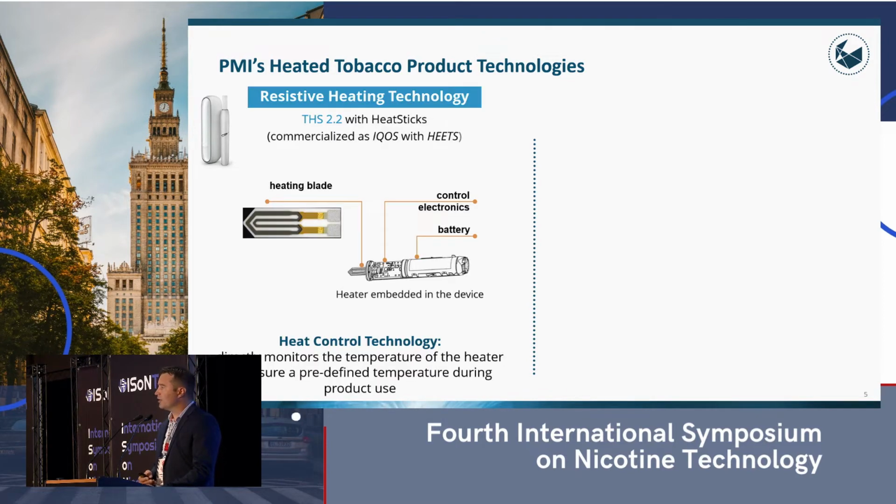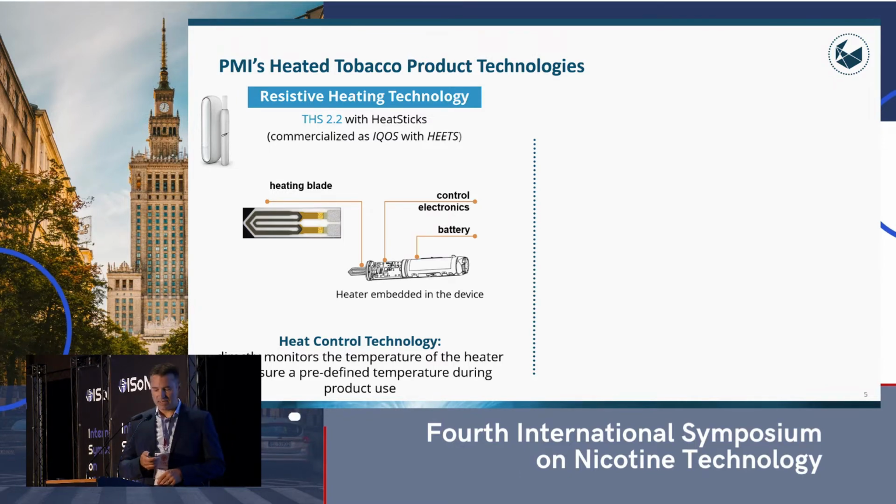The first technology is the one that is in the commercial version of IQOS, which is based on resistive heating. So basically how it works is that you have a heater, you can actually see outside in the PMI Science booth after, the device that heats a tobacco stick. You insert a tobacco stick over a heating blade that is part of the device.